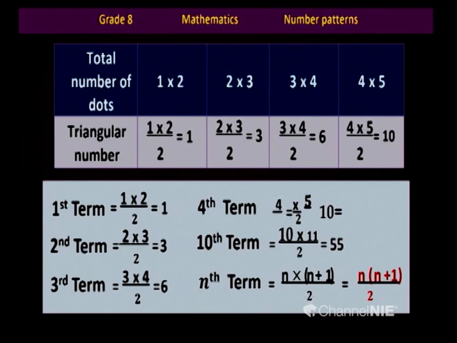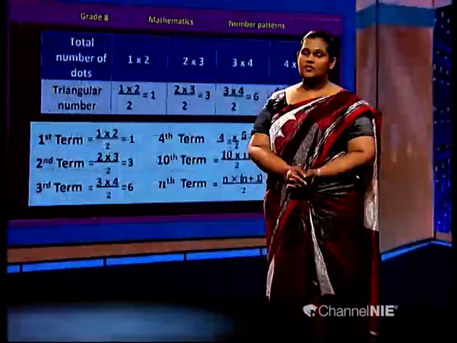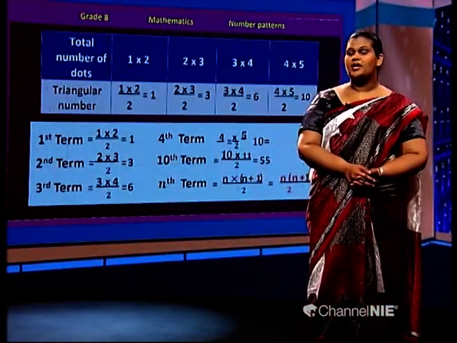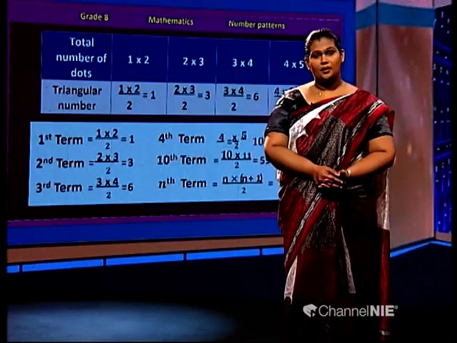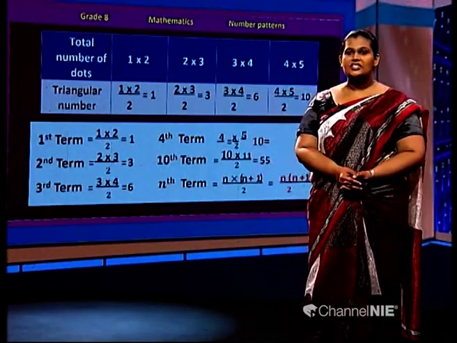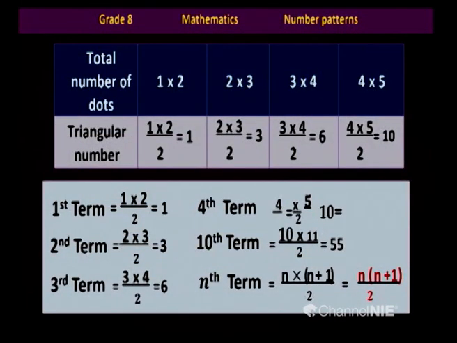Likewise, the third term can be obtained by multiplying 3 into 4 divided by 2, that is 6, the value of the third term. When we consider the fourth term, we can obtain the value by multiplying 4 by 5 divided by 2. So, the value is 10, that is the value of the fourth term of the number pattern.